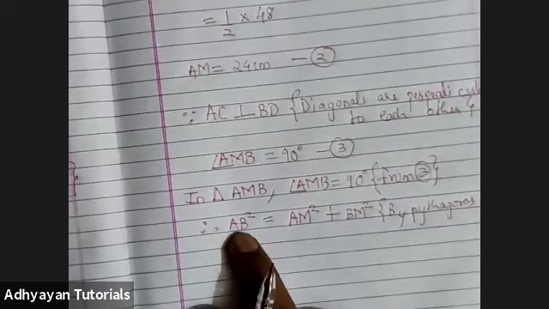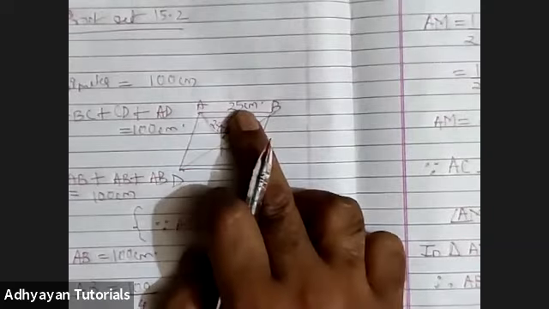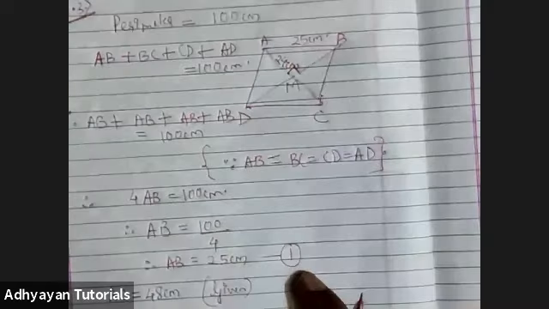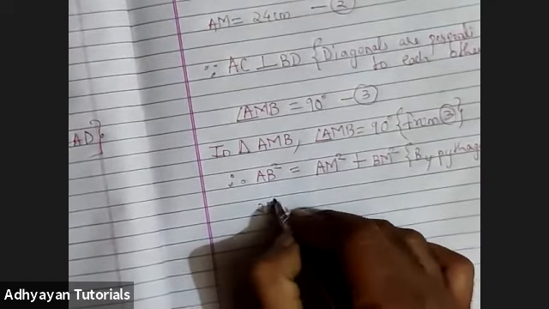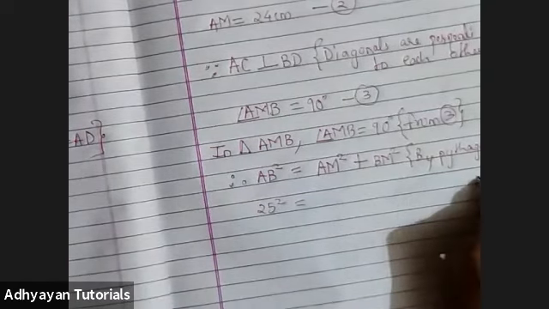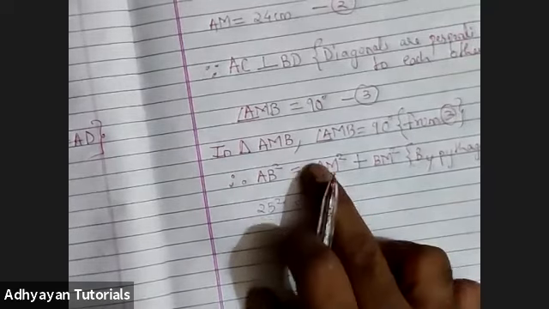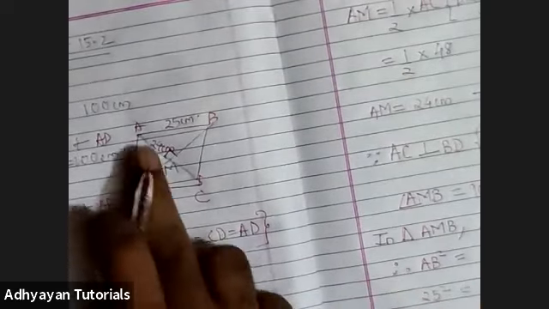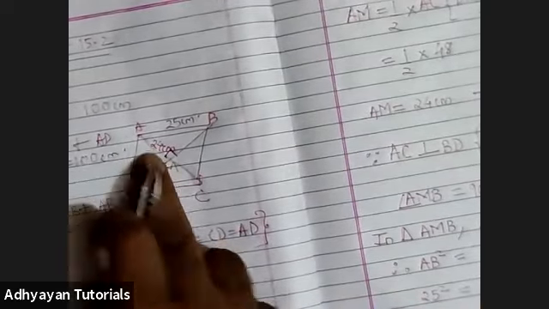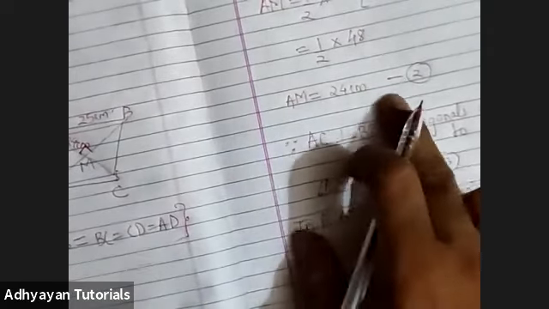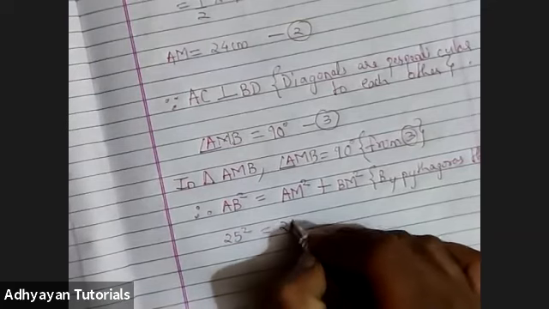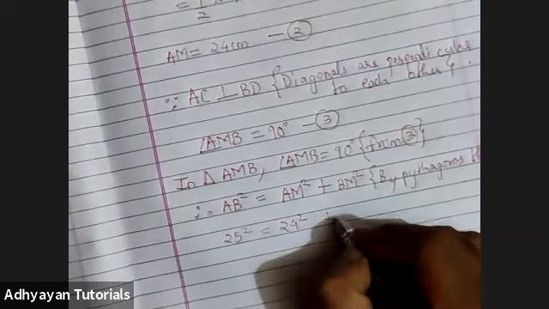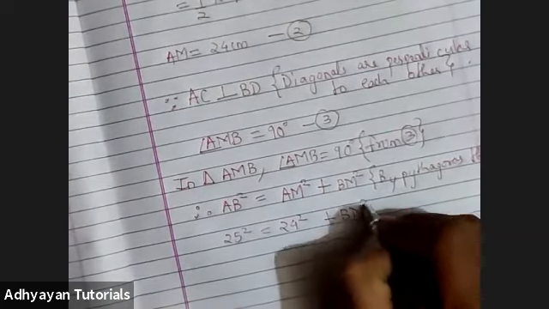Now AB square's value, if you look, is nothing but 25, which I've mentioned in equation 1 as well. So AB's value will be 25 square. The reason has to be from equation 1, we will write that later. Talking about AM, AM's value is nothing but 24, which you can see, AM 24 is coming from equation 2, right? So 24 square plus BM is what we need to find.